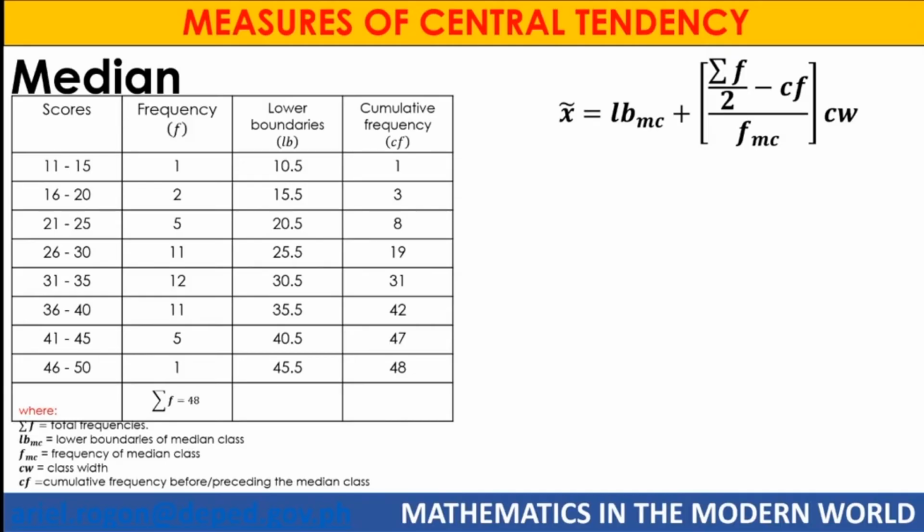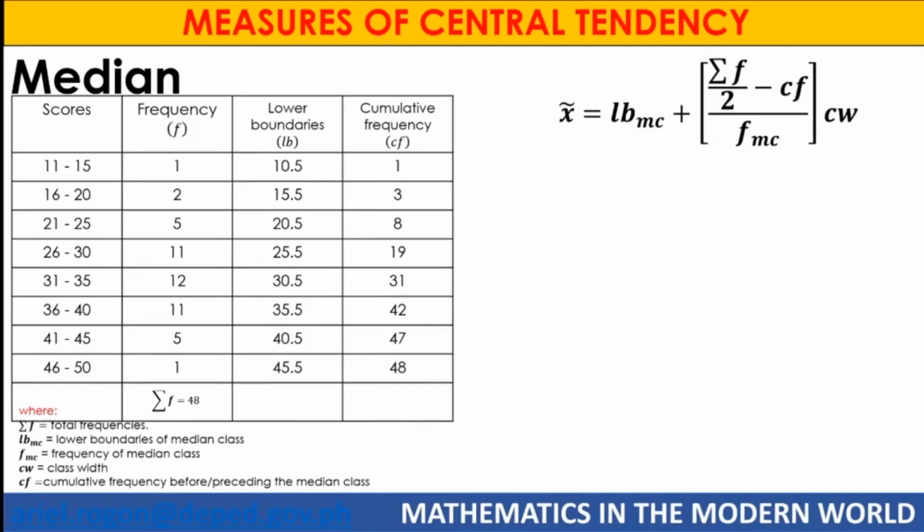Okay. Now, the first thing we're going to do is to get the median class, since we will be dealing with the lower boundary of the median class and the cumulative frequency preceding the median class. So we need to identify the median class first. So how are we going to solve for the median class?